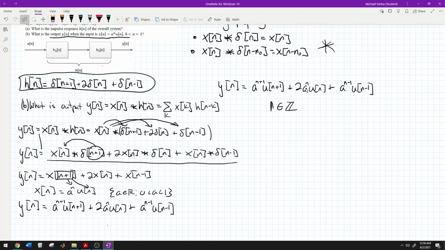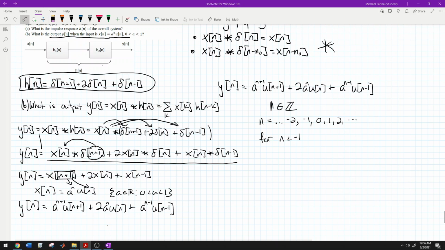That means n is going to be equal to dot dot dot, -2, -1, 0, 1, 2, dot dot dot. So let's say for n less than -1.